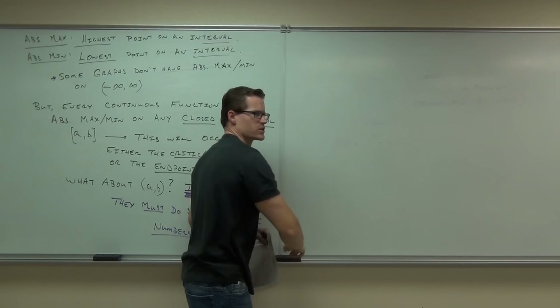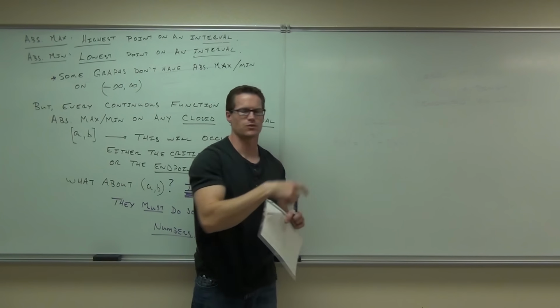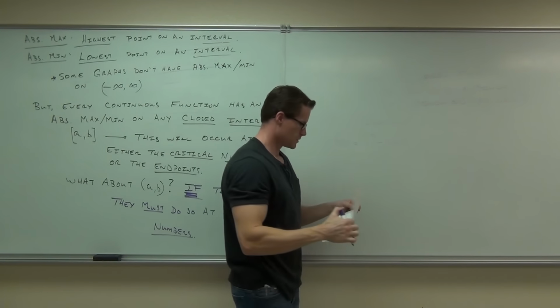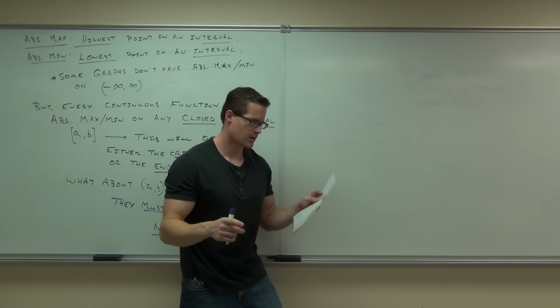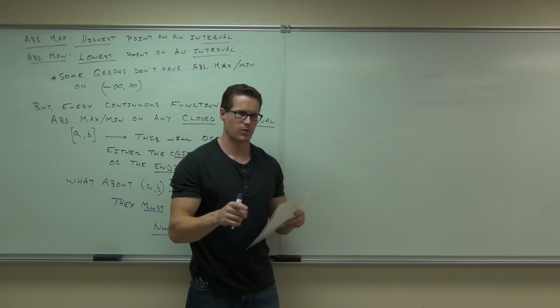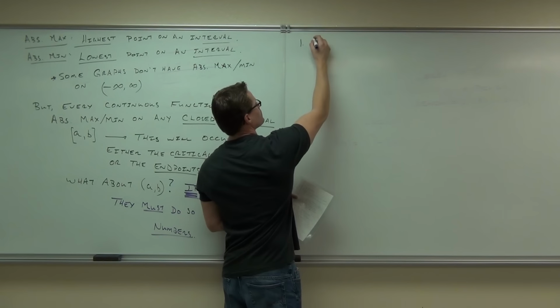Well, what do we say we do a couple examples here? We'll start one. Remember that clock's a little fast, so we start with time. To find your absolute max and min, you find your critical points, critical numbers, and you evaluate them.